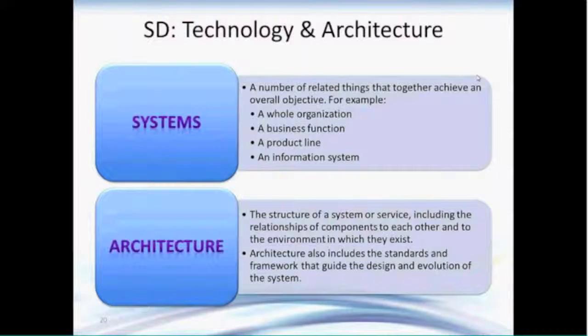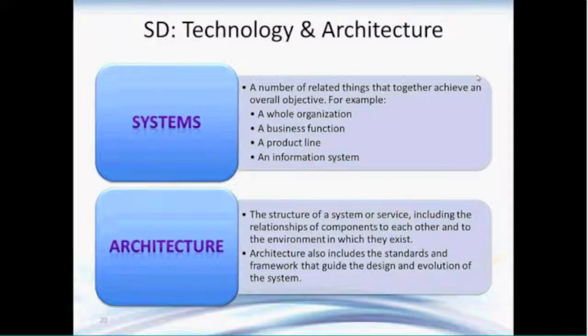After the catalog, we mentioned the service technology and architecture. So the technology, when we talk about the technology or the systems, a system is defined here as a number of related things that together achieve an overall objective. So an information system, for example. So we mentioned the Exchange server.